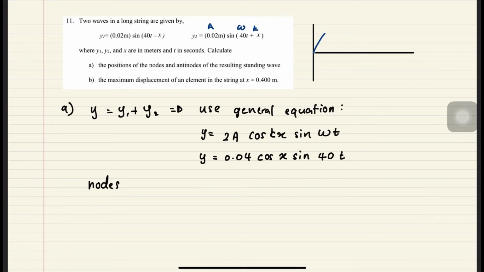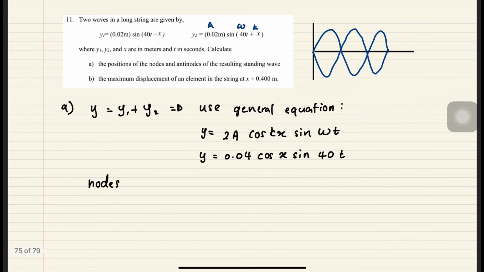A standing wave will look something like this, with up and down, up and down. The nodes represent the positions where y is equal to 0, and this is the position of antinodes.